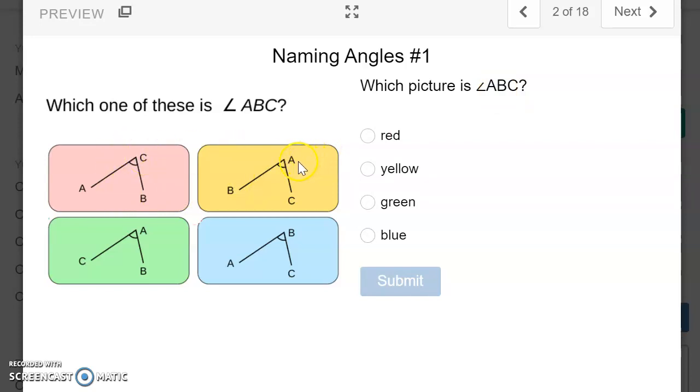B is not there, B is not here, B is right here. So ABC is the one that is enclosed by line AB and BC, and that's the angle in between. So it's the blue one.